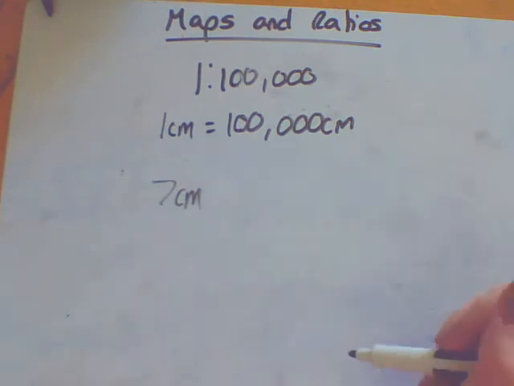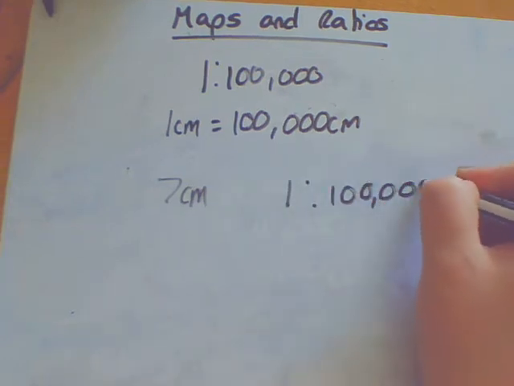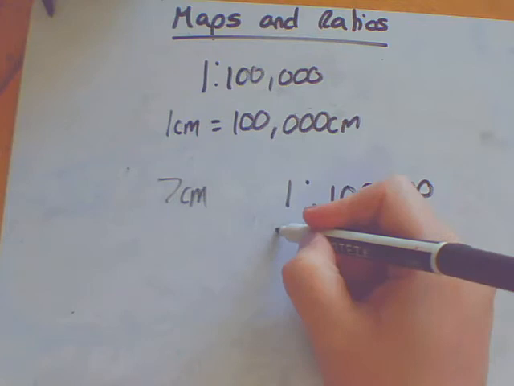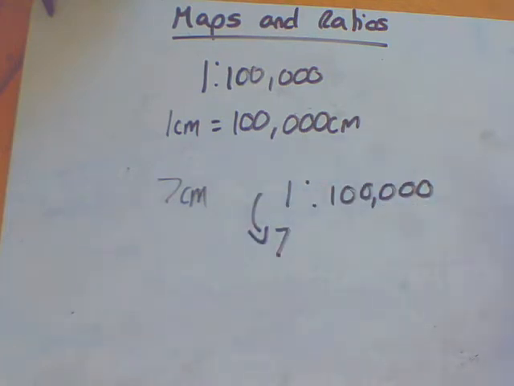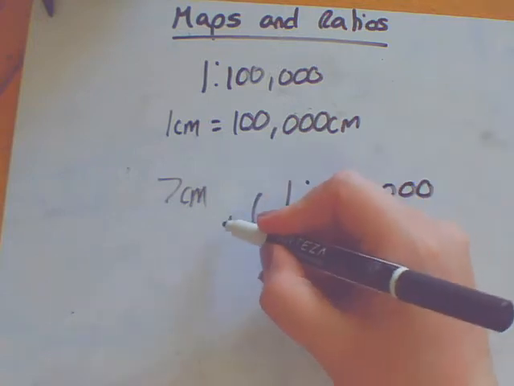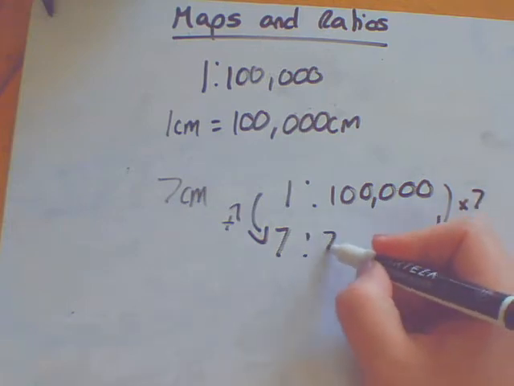So I've got 1 to 100,000. The 7 goes under there, and I'm going to say, how do I convert a 1 into a 7? I've times it by 7. So what am I going to do to this side? I'm also going to times it by 7.